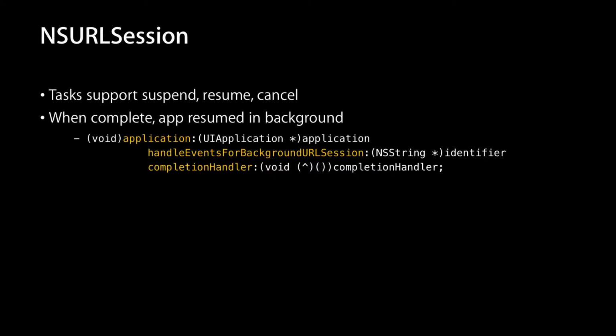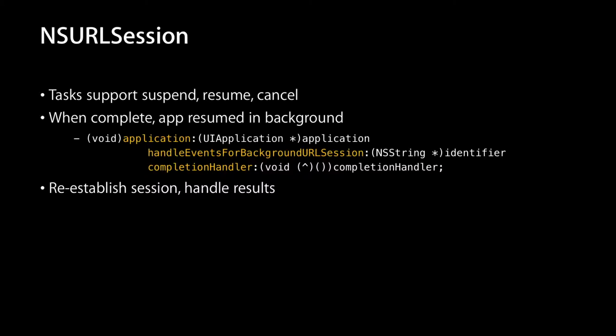And then importantly, and I'll talk about this again in a second, there's a completion handler passed to your UIApplication delegate. And this is kind of a new emerging pattern that we have for a few different pieces of API. In this delegate method, you'll commonly reestablish your connection to the session, the NSURLSession. You'll get the tasks that are completed and then handle the results.